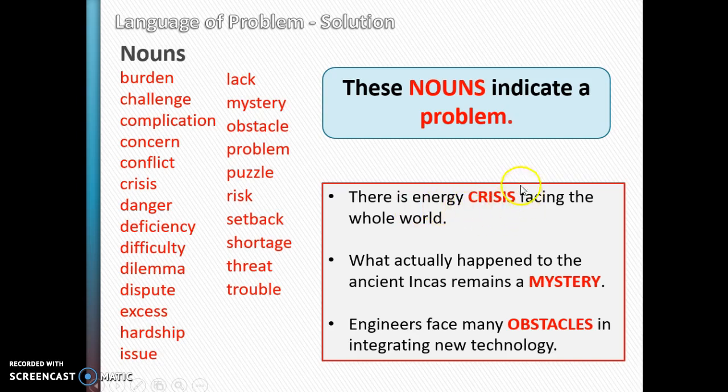There's an energy crisis facing the world. There's a problem. What actually happened to the ancient Incas remains a mystery. We don't know something. So if we don't know something, it's a kind of problem. Engineers face many obstacles. An obstacle is a problem in integrating new technology.